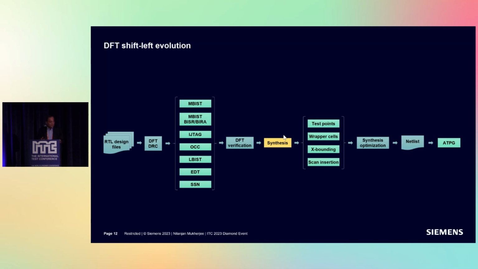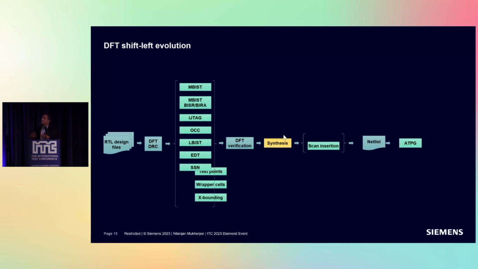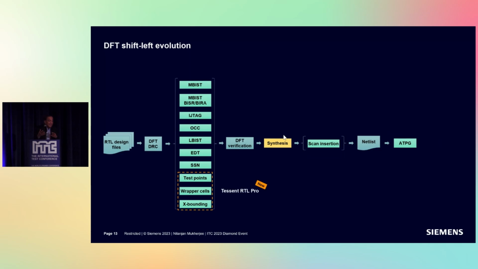What we are doing now is providing tools so that you can also do test point analysis and insertion, wrapper analysis and insertion, and X-bounding analysis and insertion at RTL. So you don't need to wait until the gate level. This allows you to write out the RTL after all those DFT are implemented.